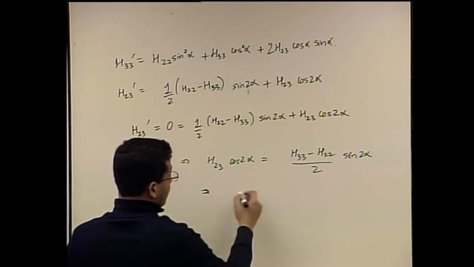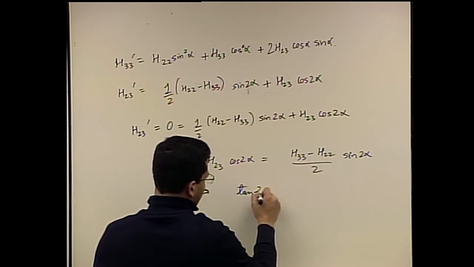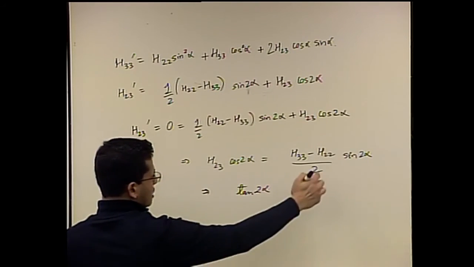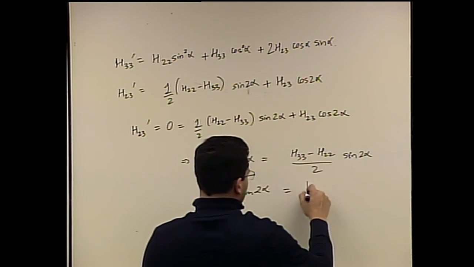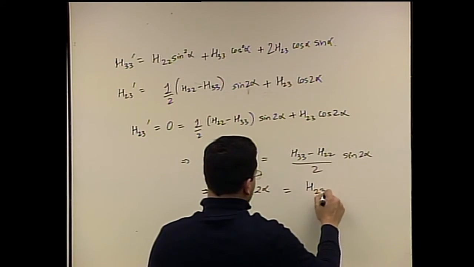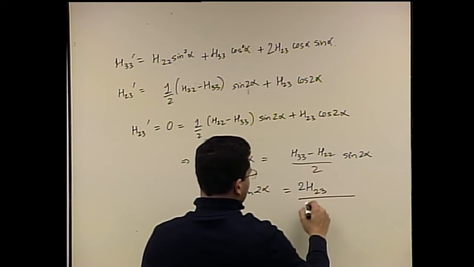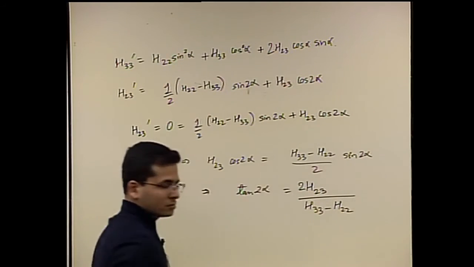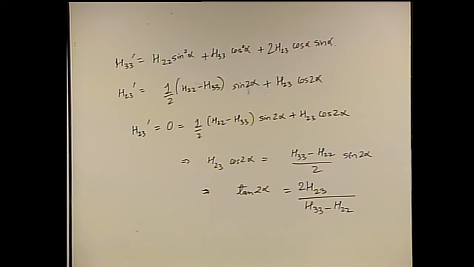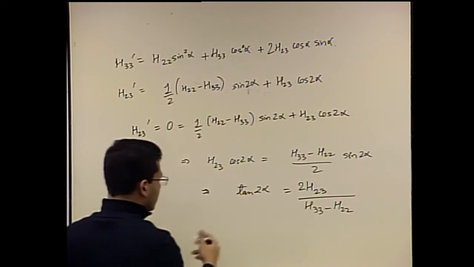So it means that tangent of 2 alpha, which is sine 2 alpha over cosine 2 alpha, is equal to H23 over H33 minus H22. So we can evaluate alpha from here.